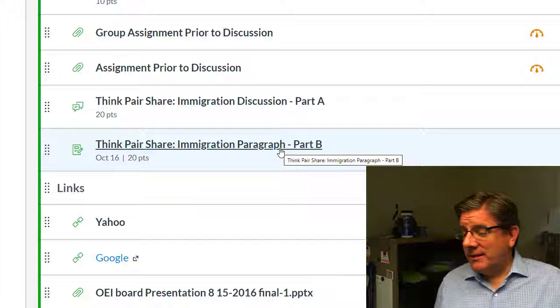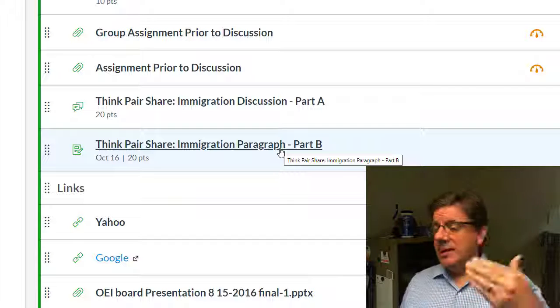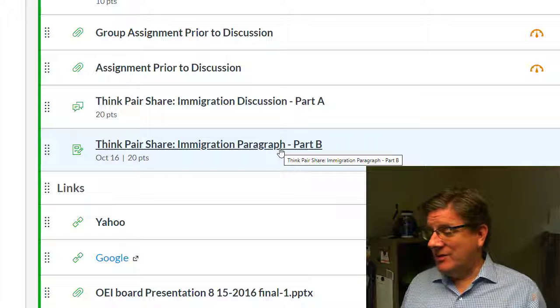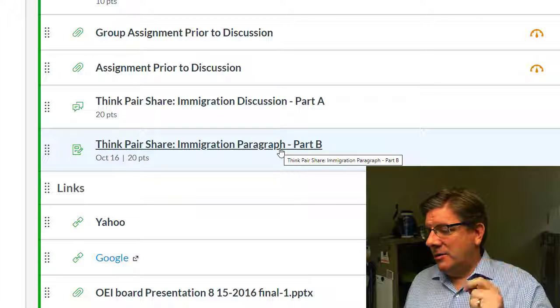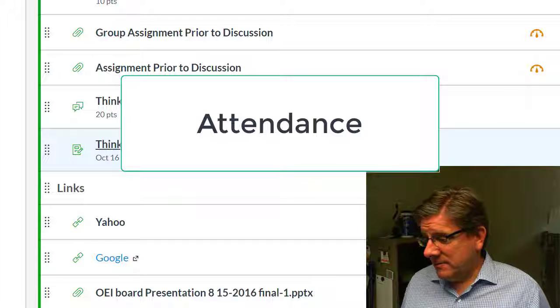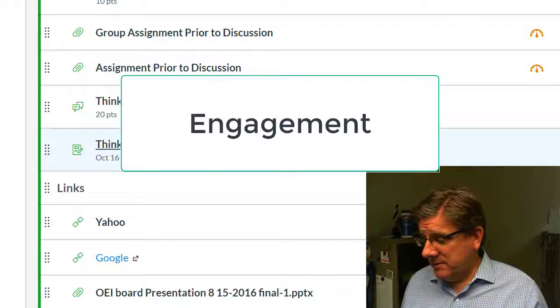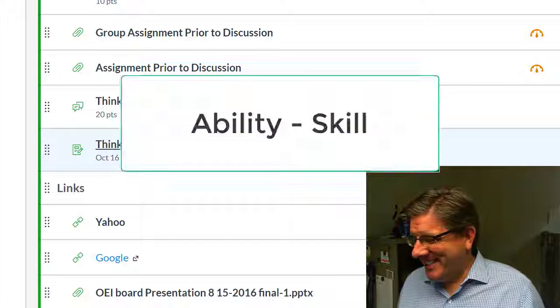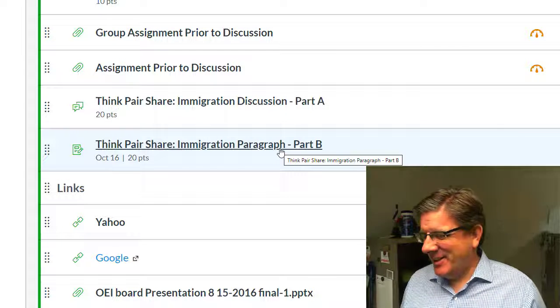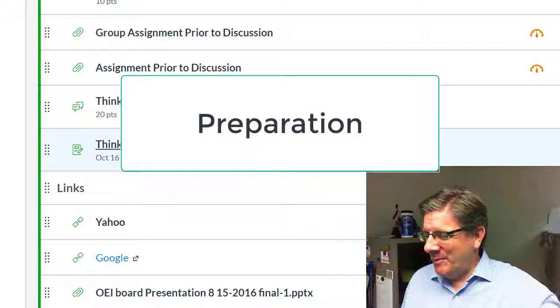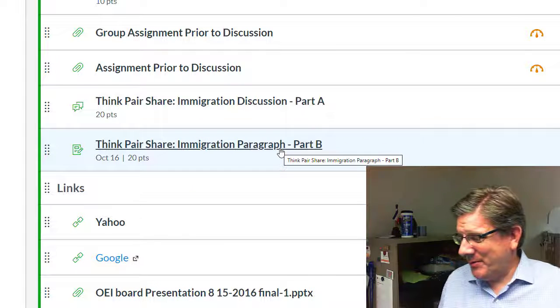Regular and effective contact with check-in points and measuring how our students are doing in our classes are so important in online classes. It helps you measure attendance, measure engagement, measure ability. How are they doing in my class? Are they ready to go from writing a paragraph to writing a paper?